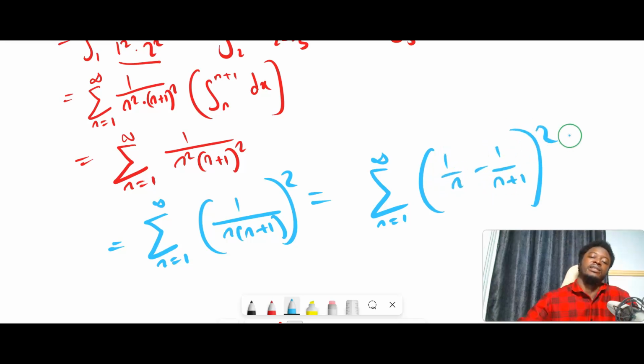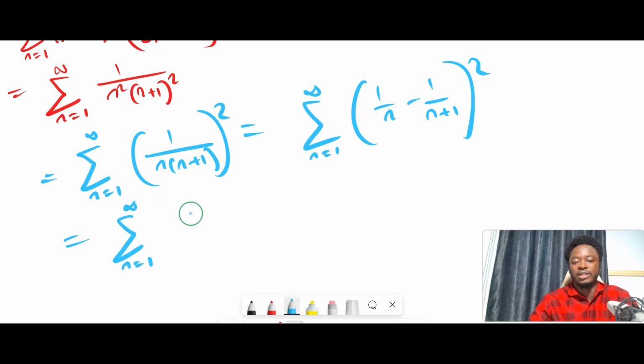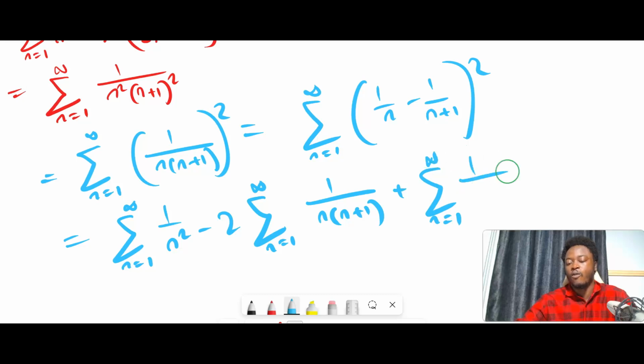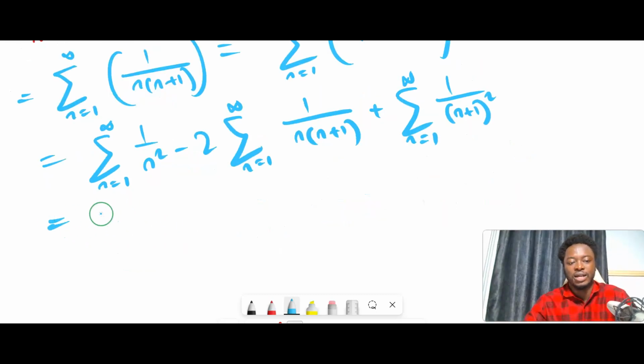If you expand this, you get the sum of 1 over n squared, minus twice the sum of 1 over n times n plus 1, plus the sum of 1 over n plus 1 all squared. The first one is zeta of 2, which equals pi squared over 6.